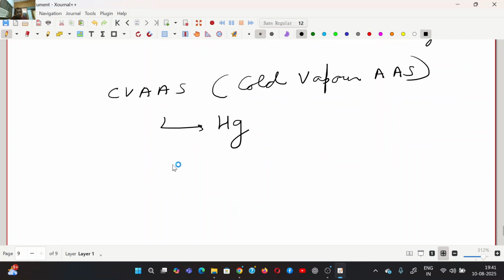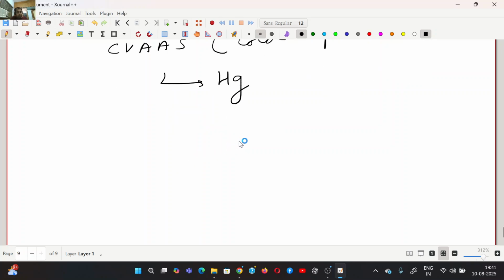The one thing I forgot to mention is that I told you about ground state, excited state, etc. But when it comes to electronic transitions, not all transitions are equally strong.